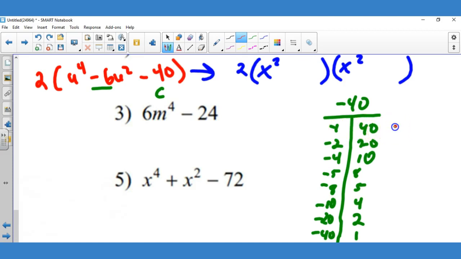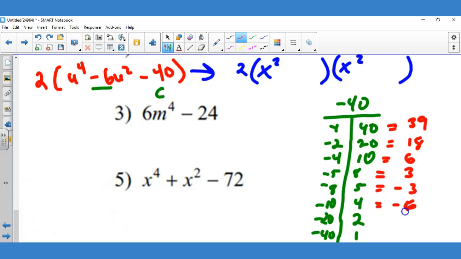-1 plus 40 is 39. -2 and 20, that's just 20 minus 2, is 18. 10 minus 4 would be +6. 8 minus 5 would be 3. 5 minus 8 would be -3. 4 minus 10 would be -6.